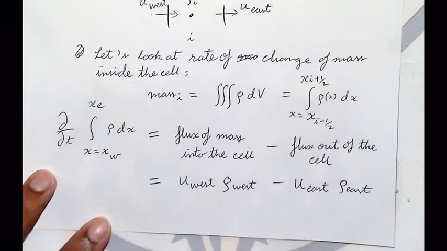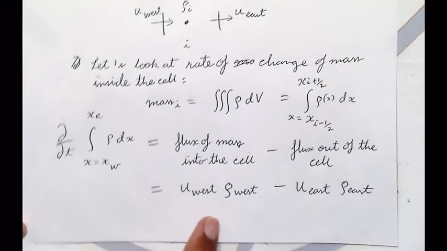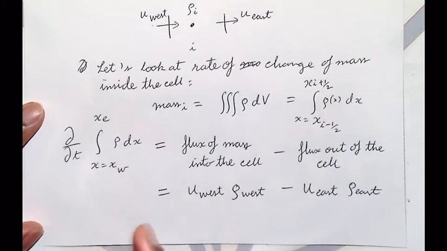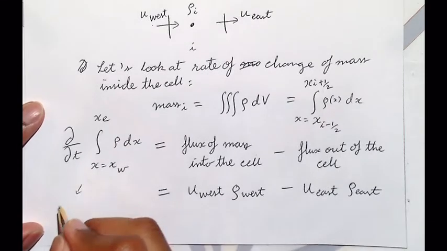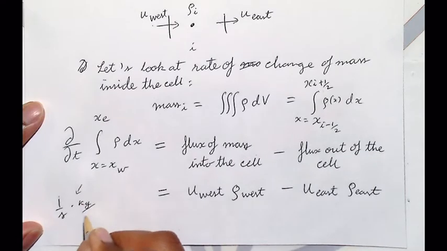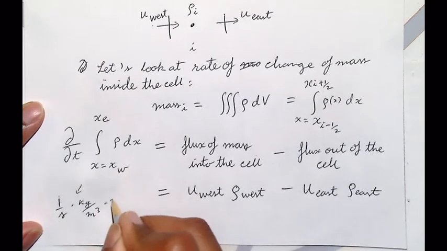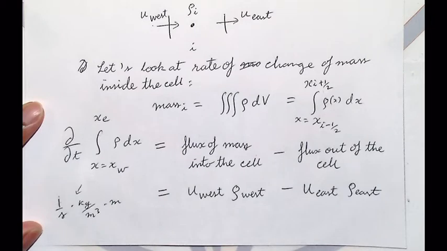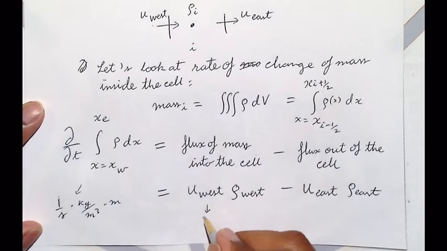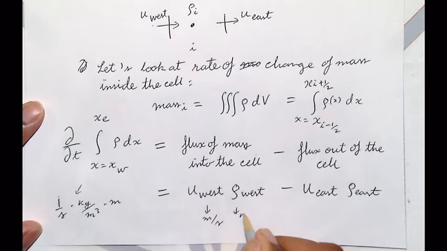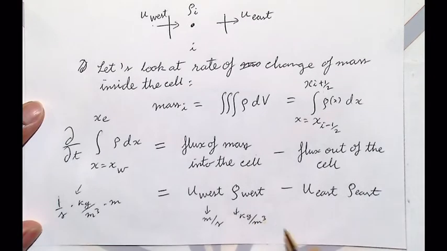And you'll notice that there is a mismatch in the dimensions. Here we have 1 over second times kg over meter cubed times meter, and here we have meter per second, and here we have kg per meter cubed.